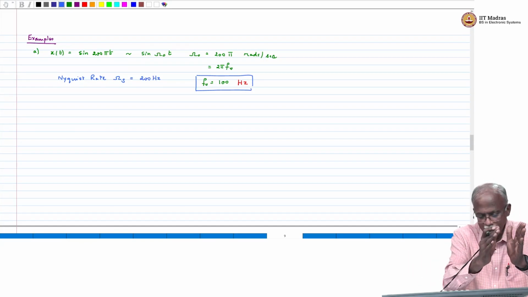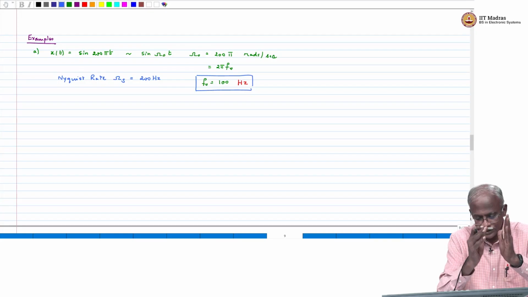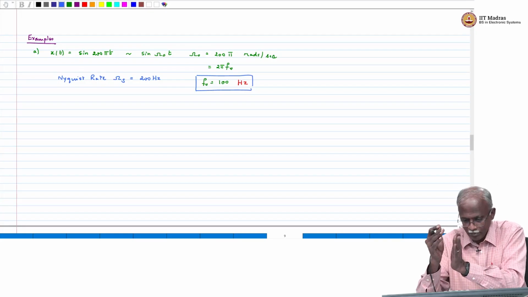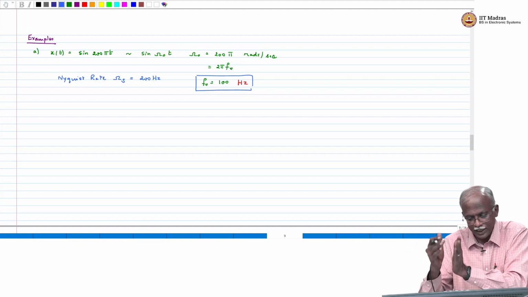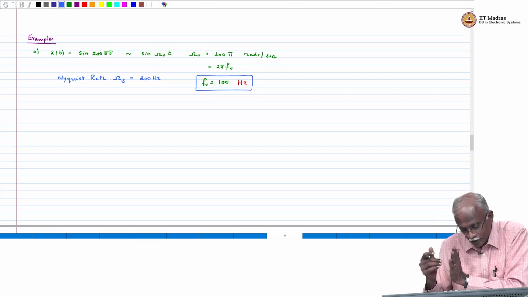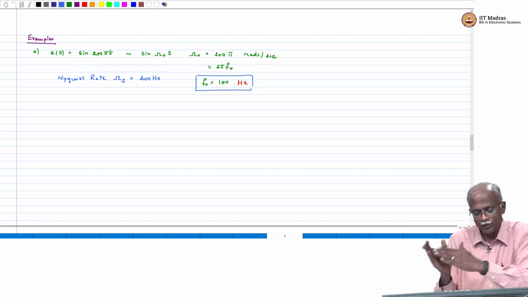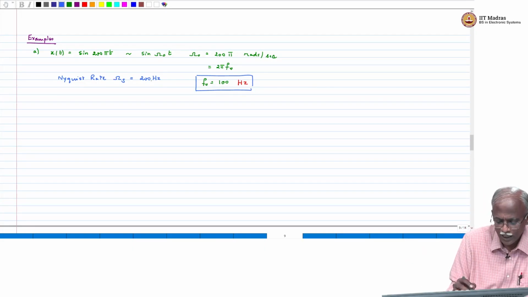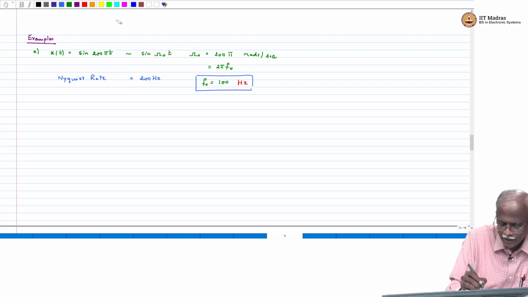We looked at the expression for the continuous time signal, it was a sinusoid. We derived the continuous time frequency in radians per second. From there we went to the frequency in hertz, and using that we wrote down the sampling frequency. Sampling frequency is something that we will specify in hertz, so maybe we should write it as Fs.